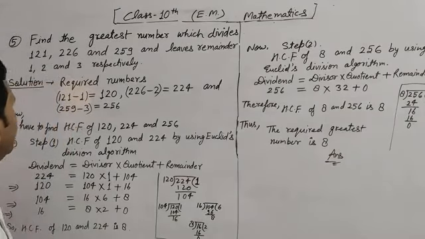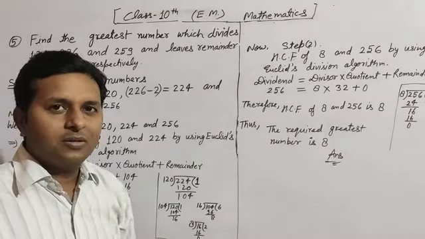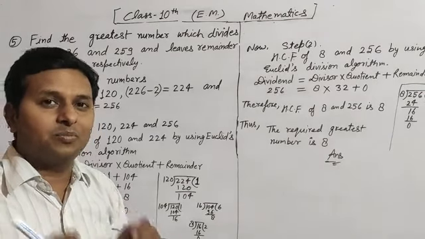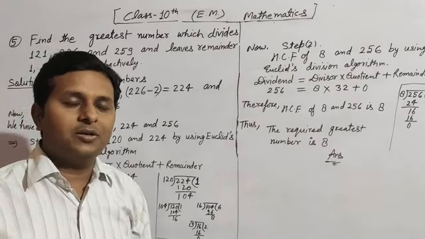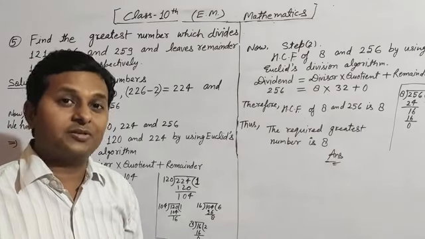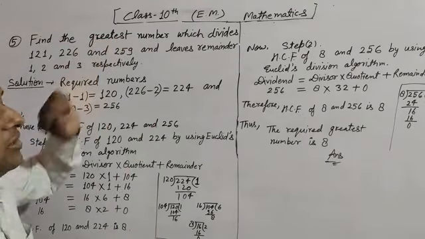Now, we solve here in this way. Required numbers. First of all, we have to find what are those required numbers, those numbers by which we find HCF, as the question says, find the greatest number.